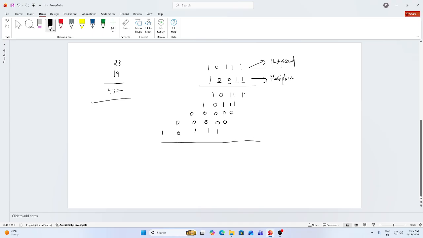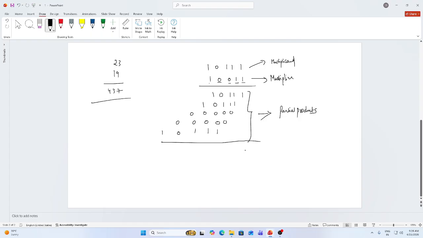According to this, these are all called the partial products. Finally, we add all these partial products to get the result.